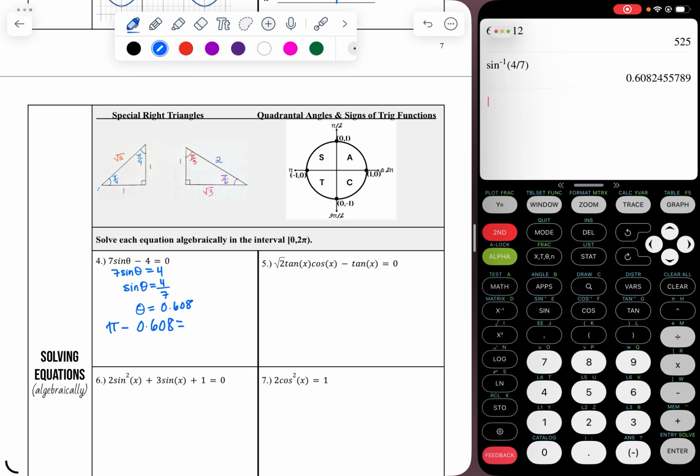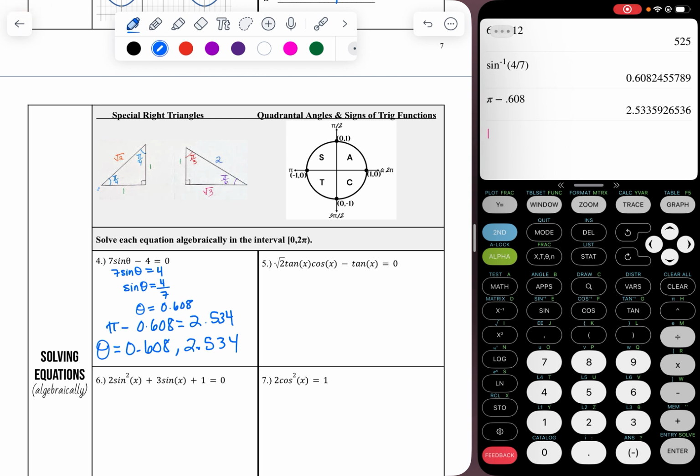So second, and the caret symbol is how we can get pi quickly, minus 0.608 gives us 2.534 for the other angle measure. So the two angles that would give us a sine of positive 4/7 are 0.608 radians and 2.534 radians.